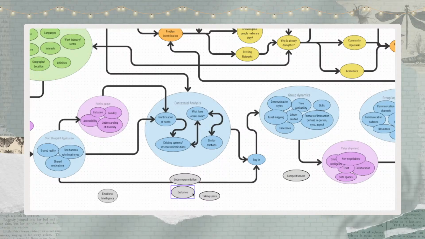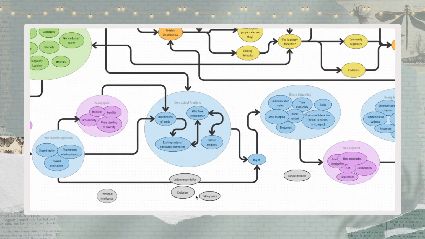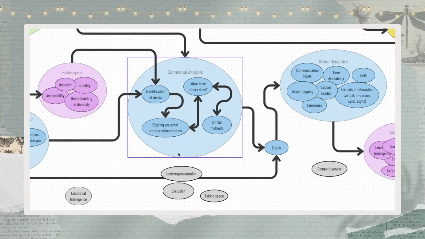But these three I see more as part of the contextual analysis because they're more external barriers that might be impacting the group, whereas competitiveness I see could be individuals within the group, and that could be a barrier to collaboration and cooperation.